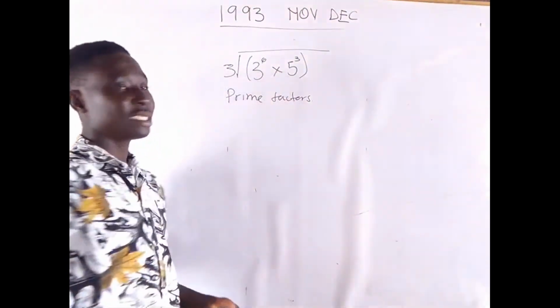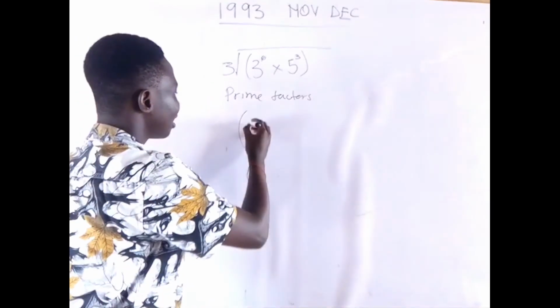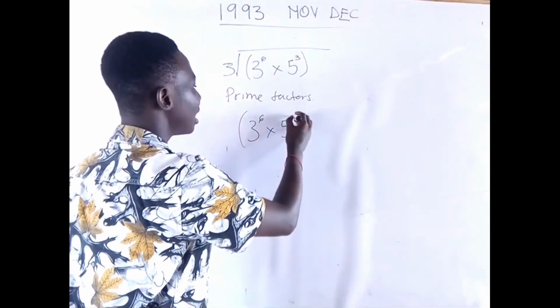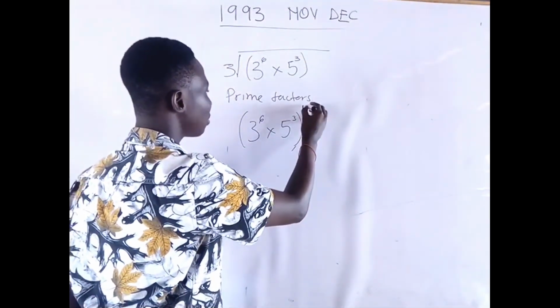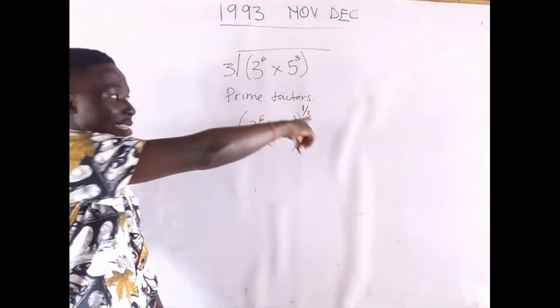Now, with this question, we can write cube root as 3 exponent 6 times 5 exponent 3, all exponent 1 over 3.